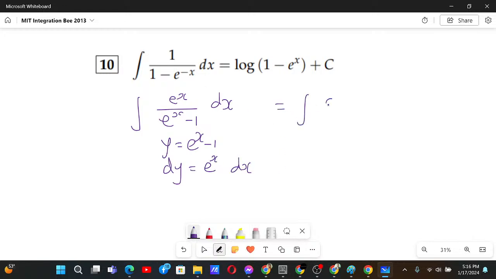So this is just dy by y, which is ln of y plus c, and y is e to the power x minus 1. So ln of e to the power x minus 1 plus c. This is the answer.